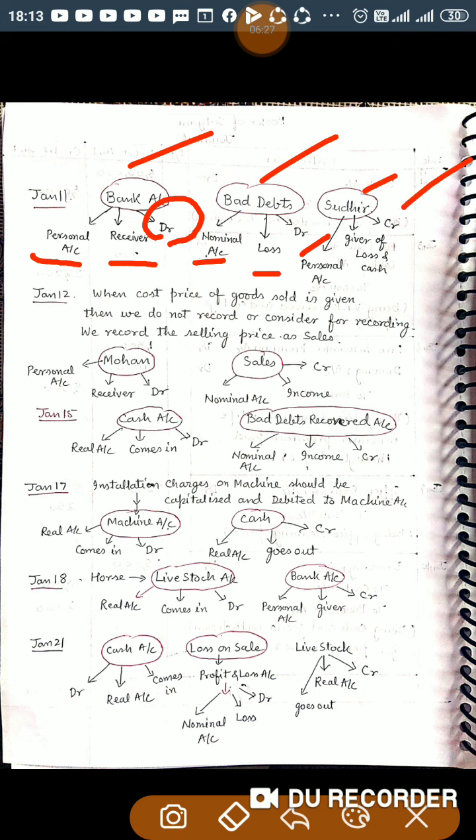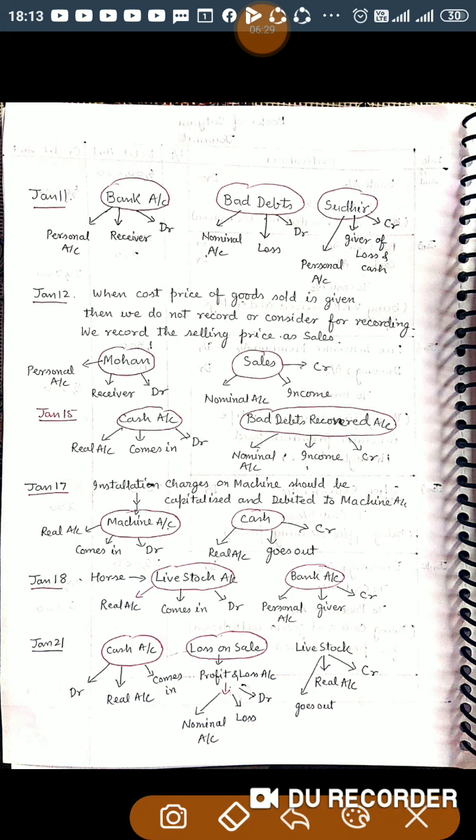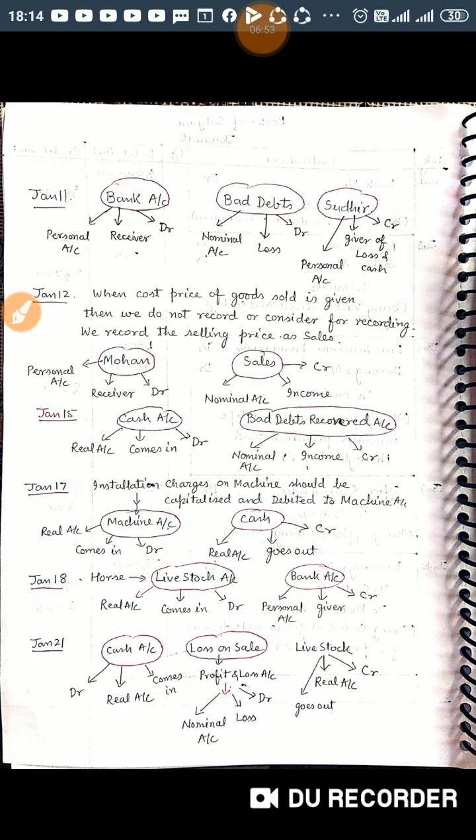And Sudhir is a personal account. He is a giver of loss as a bad debt and also made the payment through check, that is cash payment through check. So he is a giver, so it should be credited. The personal account rule is debit the receiver, credit the giver. So he should be credited.